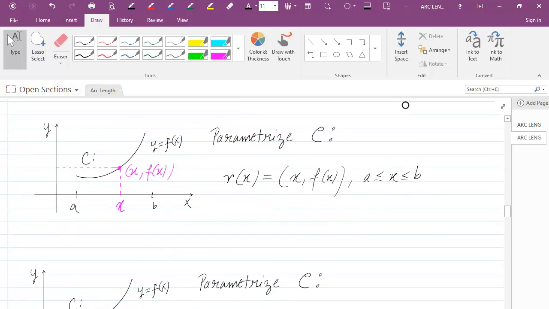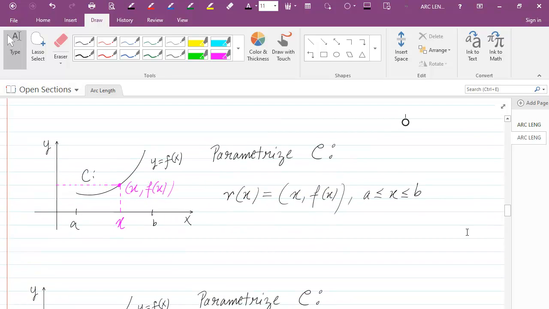To do so, observe that if x is between a and b, then the corresponding point on C has coordinates x comma f of x. So each point on the curve C has the form x comma f of x.